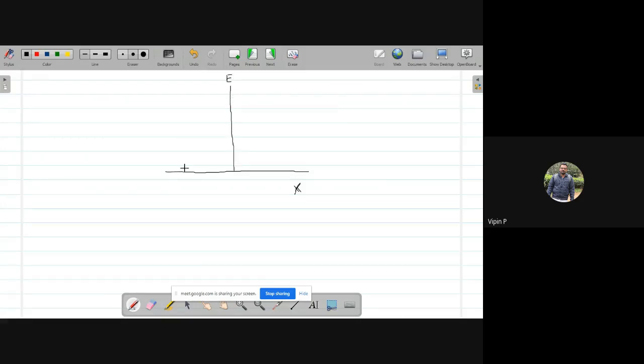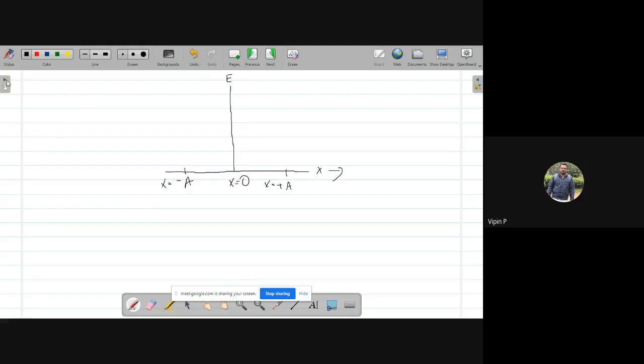This is the amplitudes, minus a and plus a, and this is the mean position, x equal to 0. So this is x equal to minus a and this is x equal to plus a.